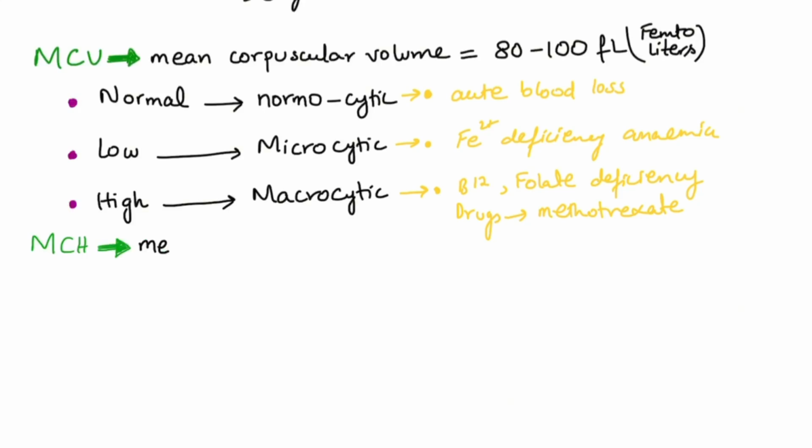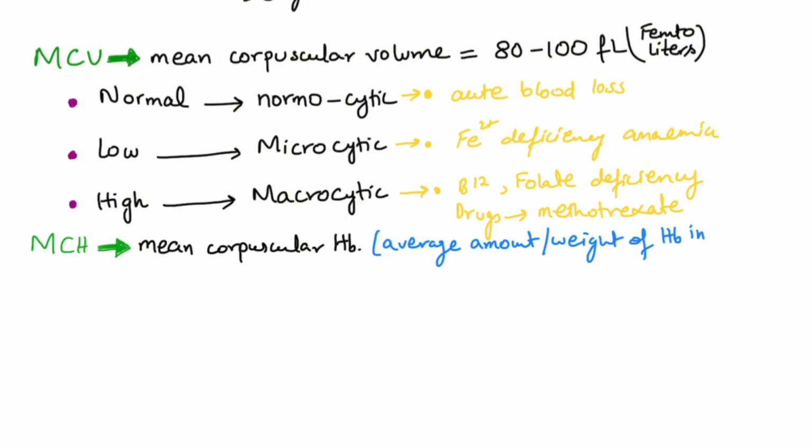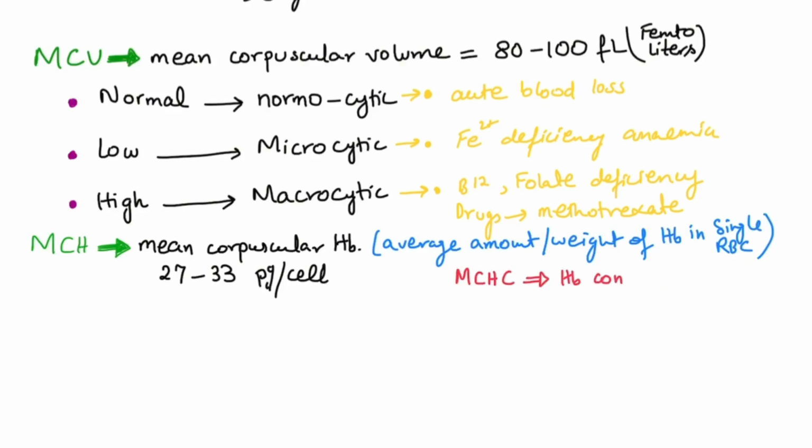The next thing is MCH, which is mean corpuscular hemoglobin. It tells us the average weight or amount of hemoglobin present in a single RBC, and the normal range is 27 to 33. Another thing we often see in a CBC report is the MCHC, which is the hemoglobin concentration in total RBCs, complementing the MCH, but these are slightly different.